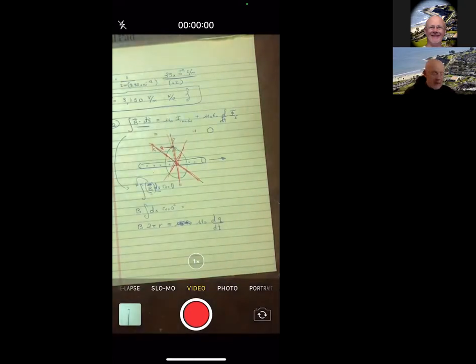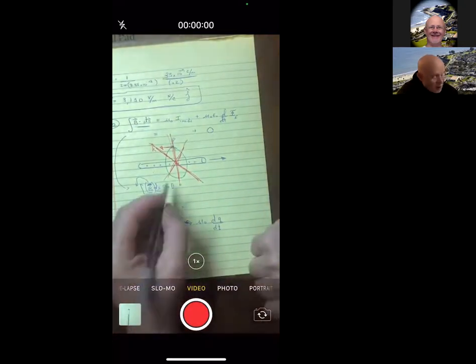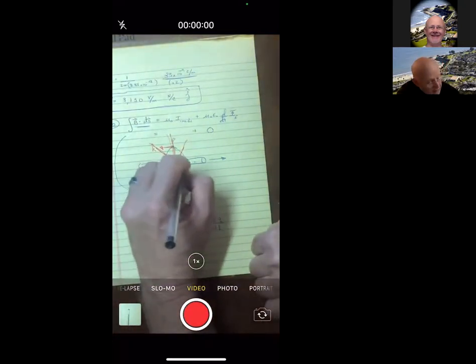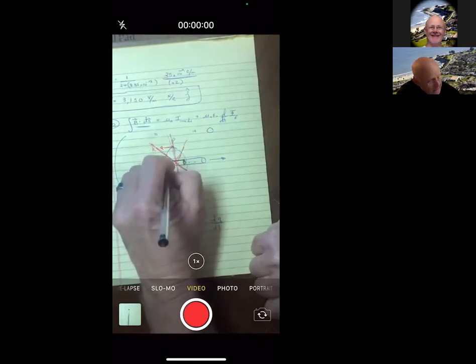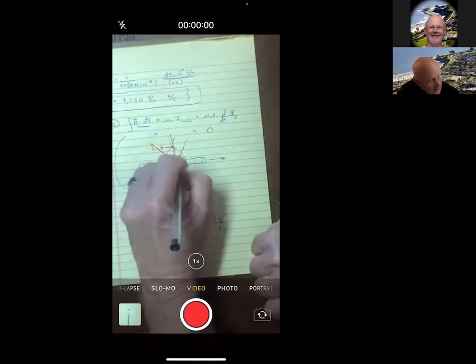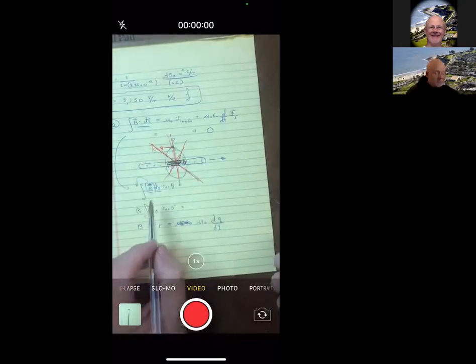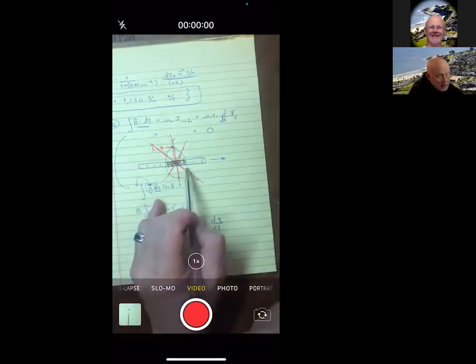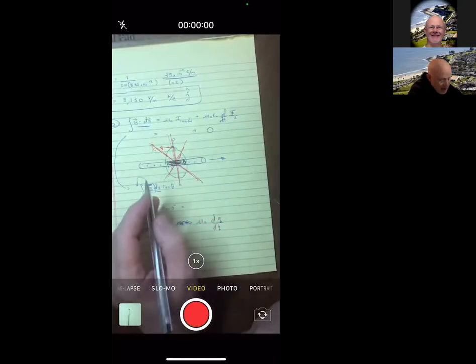Now, maybe if I draw a small section of this rod in black and say, okay, imagine how much charge goes through here in a given amount of time.